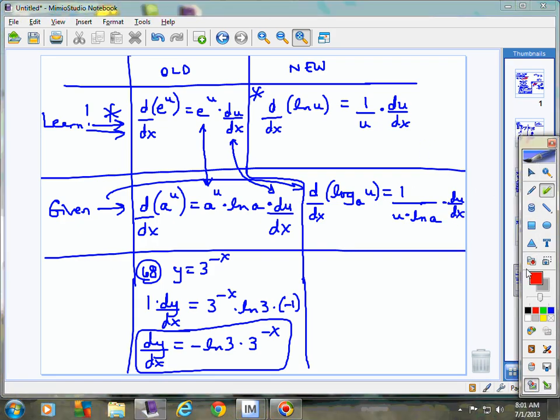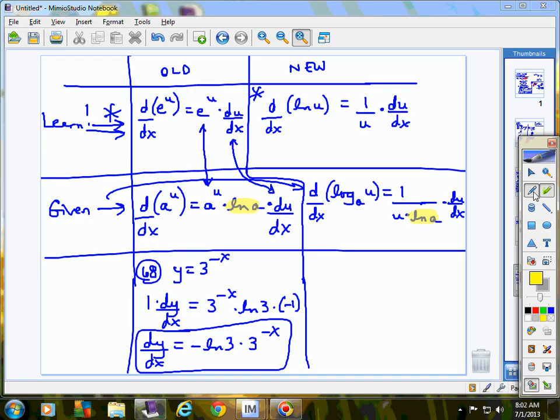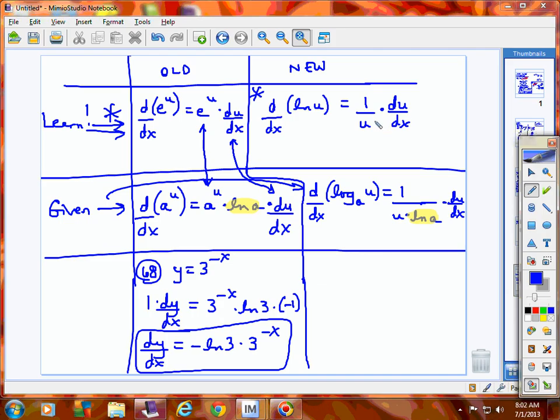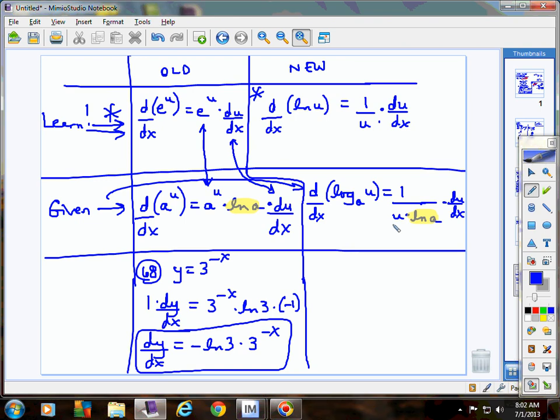So this is the only new part, just like this was the only new part over here. And again, up here you could squeeze in on bottom an ln of e, but it would equal what? ln of e is 1, so you really just don't write it, but it's there. So these are the exact same formulas. We just use these ln's and e's so much more than these two. That's going to make these a little harder. When you ask how to do it, I'm going to say, well, it's one of those given formulas. Let's see if I've got a good example of that one.